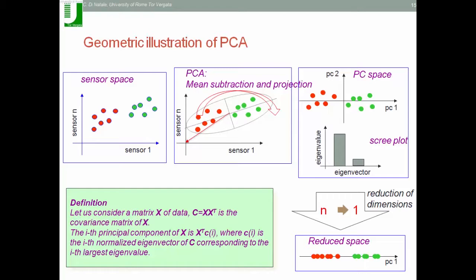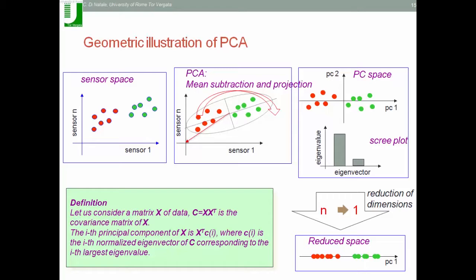So very easily, it means that instead of sensor 1 and sensor 2, where the data are correlated, we represent the data in a space PC1, PC2, where the data are no more correlated. And these are exactly the same data. We have not lost anything about the original data in terms of information.